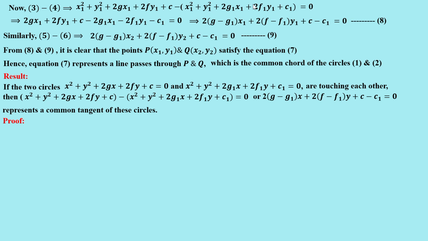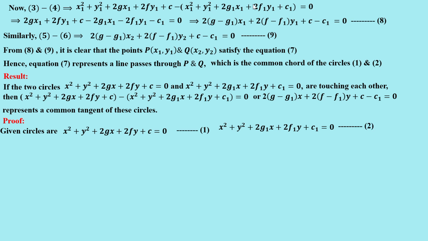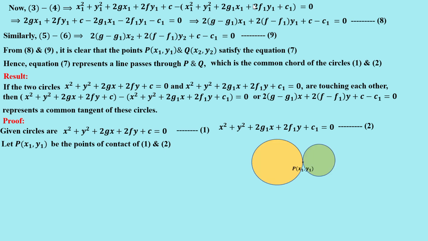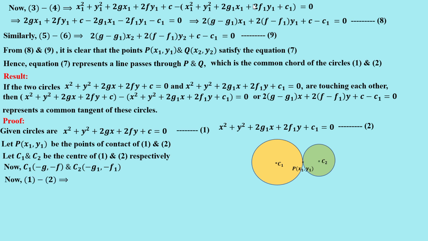We'll see the proof like above. Given the first circle and the second circle, let P(x1, y1) be the point of contact of 1 and 2, because they are touching each other. Let C1 and C2 be the centers of 1 and 2 respectively, so C1 is (−g, −f) and C2 is (−g1, −f1).